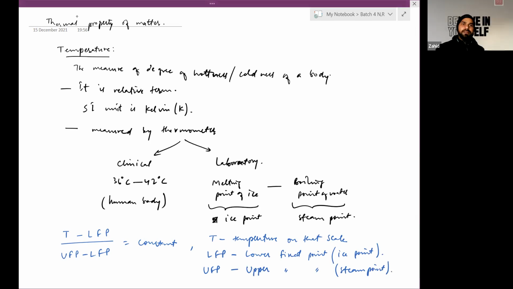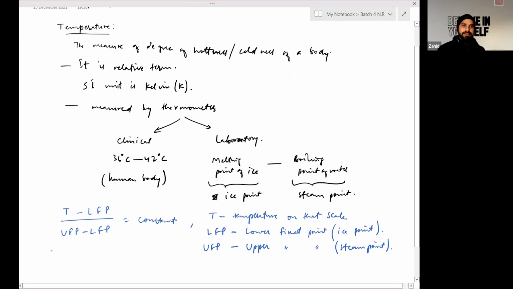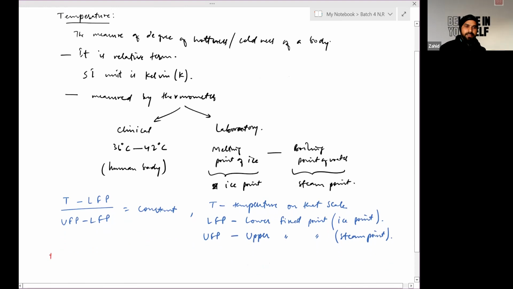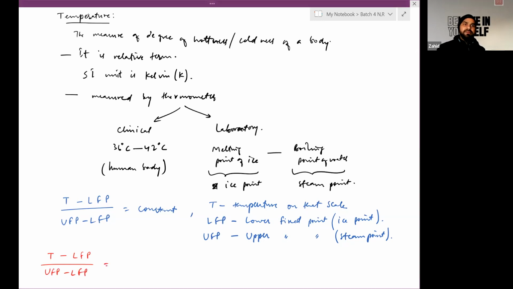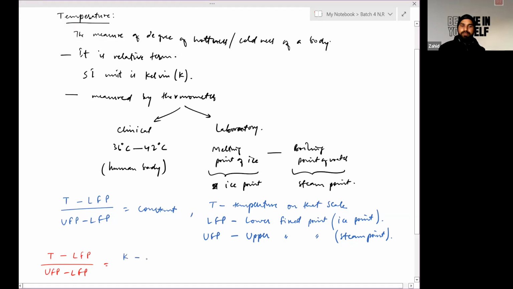So we can write a different scale related to this formula as (T minus LFP) divided by (UFP minus LFP) equals, in terms of Kelvin, K minus melting point of ice in Kelvin scale, which is 273, over boiling point of water 373 minus 273.